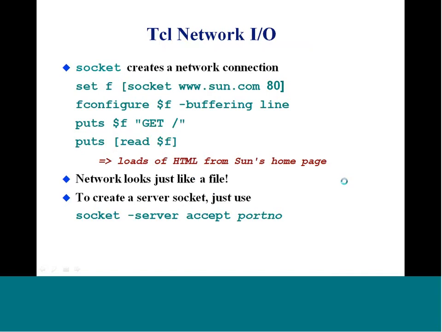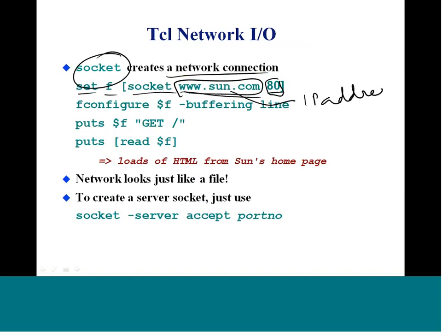Tickle has a built-in procedure called socket, which creates this network connection. Here is a quick example: set F socket, then the address, and then the port number. Now tell me how many arguments the socket command has. Actually there are only 2 here: one is the IP address and the other is the port number.